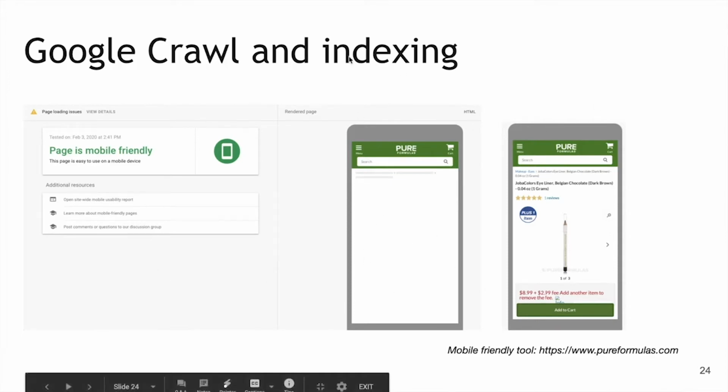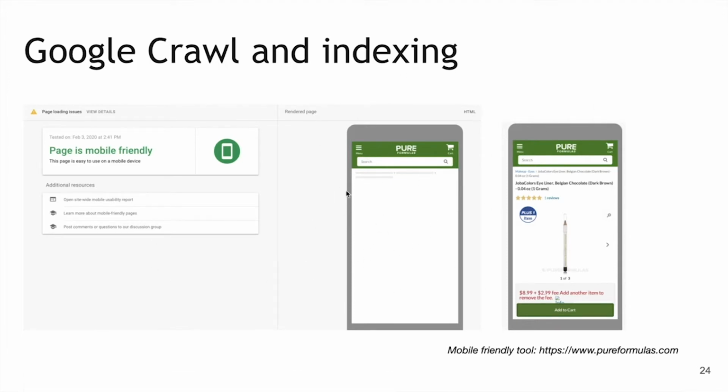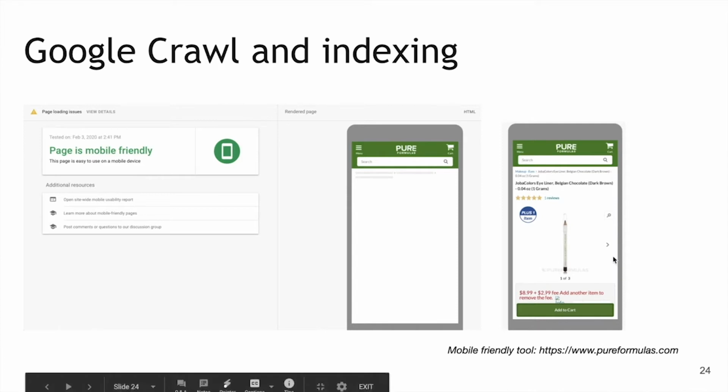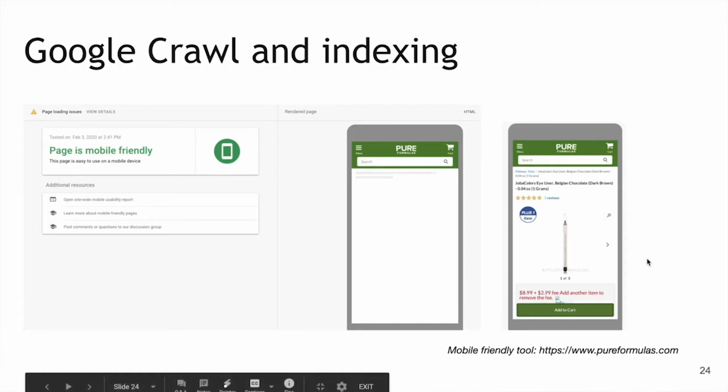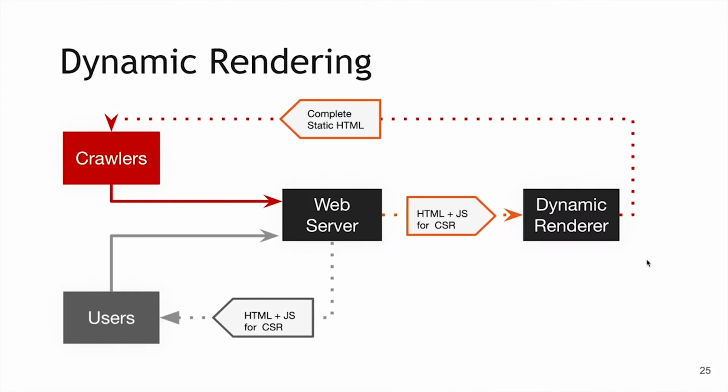A blank page obviously is not very appealing for Google, so most likely it won't rank, although it's actually a specific product, something about chocolate pencil or something like that.